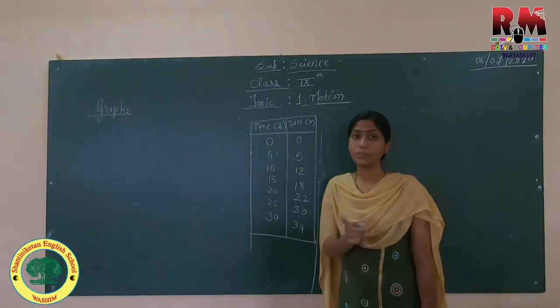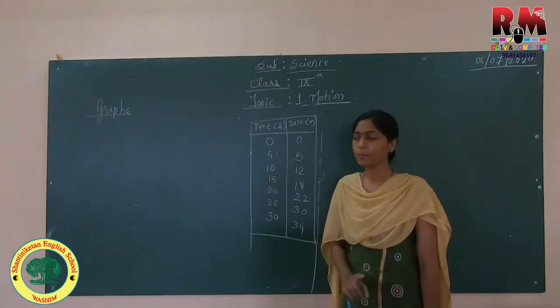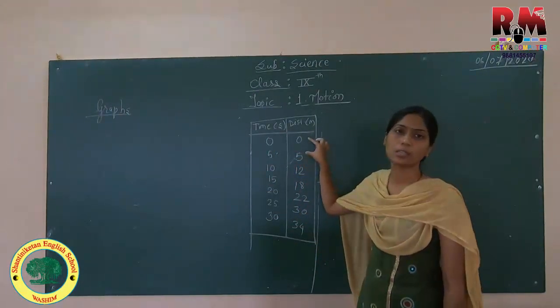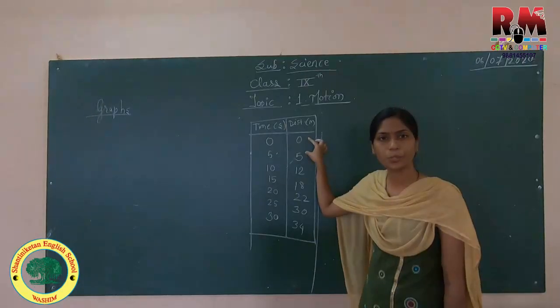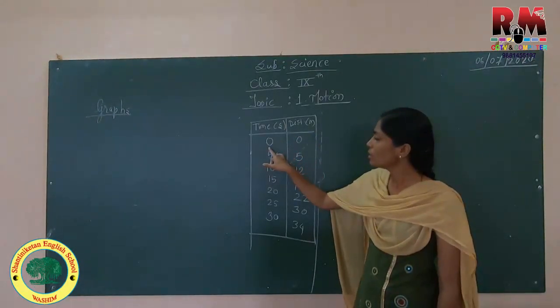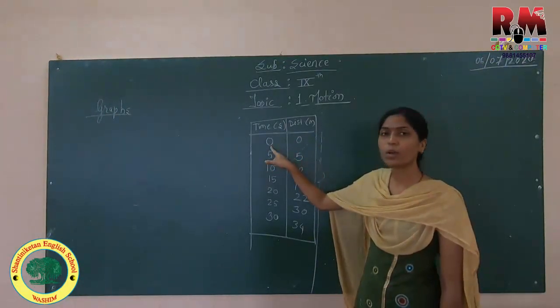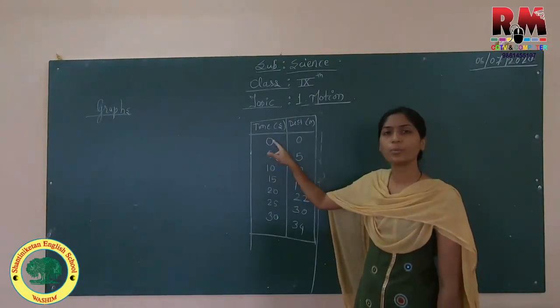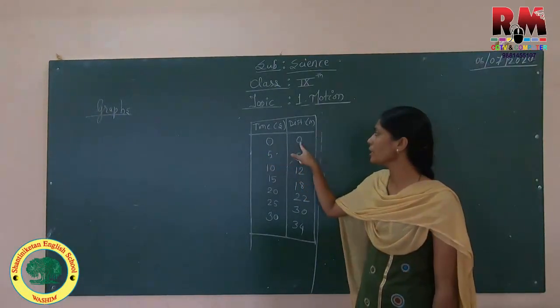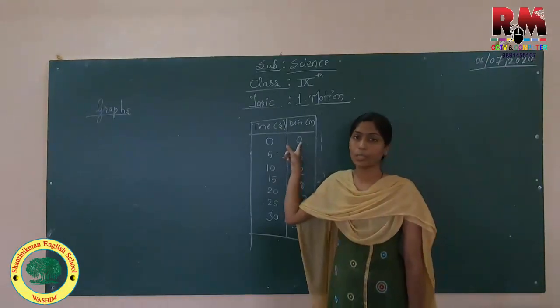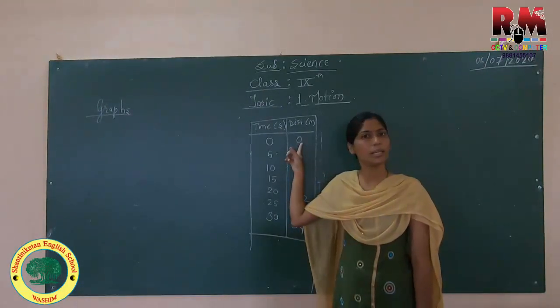It means after each 5 seconds, we have measured the distance covered by that particular object. At 0 seconds, the initial position of that object is the origin, or we can call it the reference point.